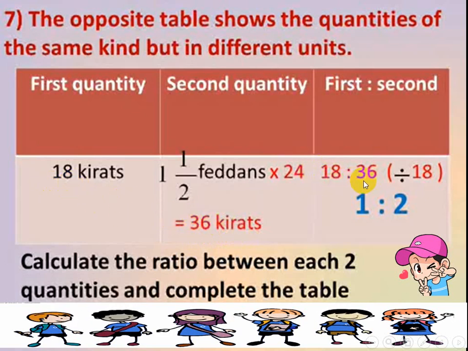Both of them are divisible by 2, by 3, yes, by 6, and by 18. We prefer the greatest, 18. Both divided by 18. So 18 divided by 18 equals 1. 36 divided by 18 equals 2. So the ratio in the simplest form will be 1 to 2.